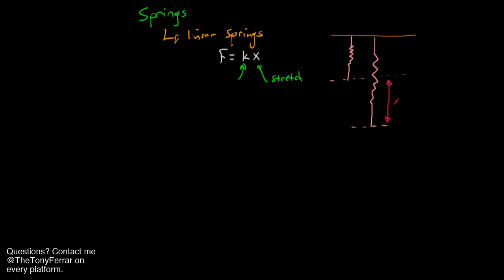We often call the unstretched length x0, and then we could say the overall length here is L, and that's equal to x0 plus x. So you want to be careful because the force part of this only involves x, not x0.